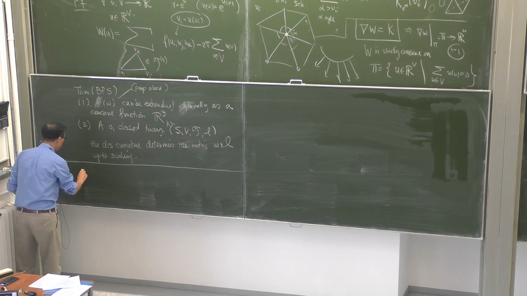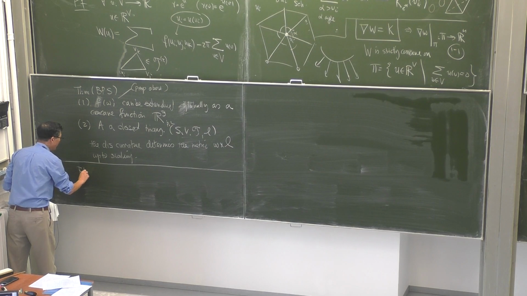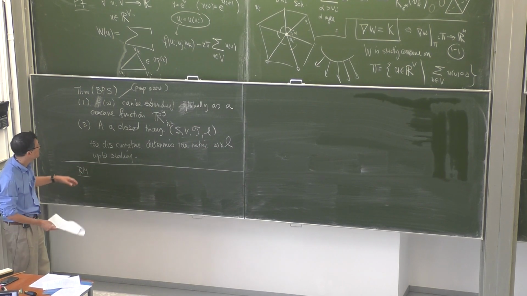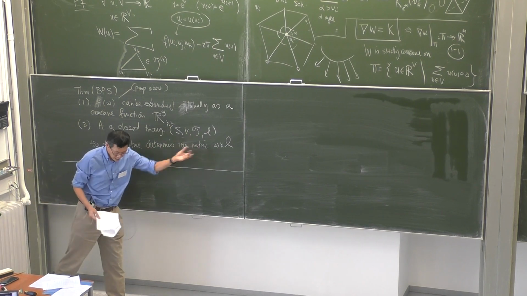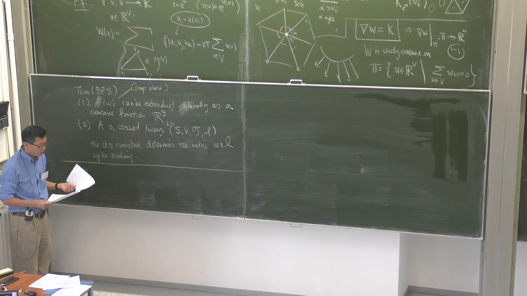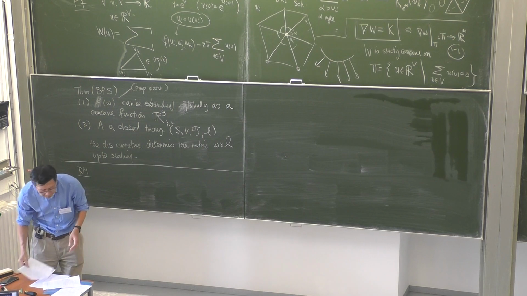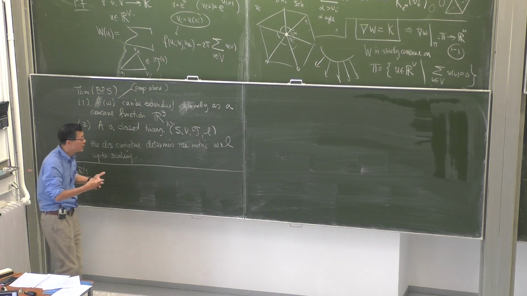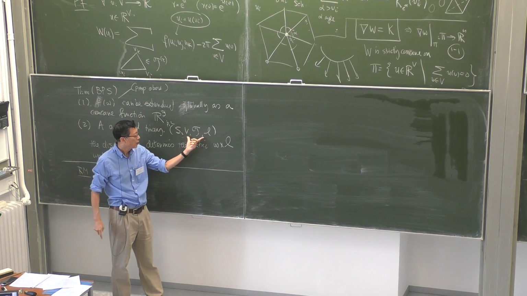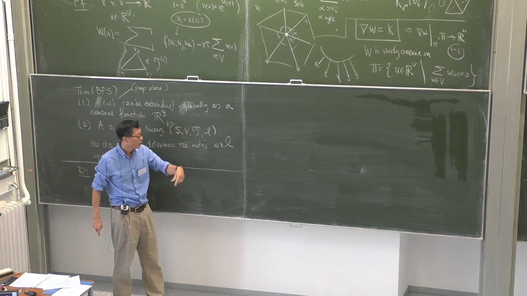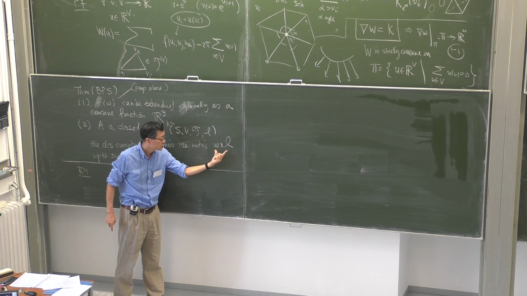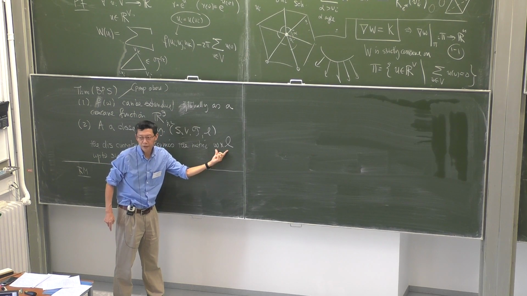But here is the bad news: in general, there is no existence. If we put everything in this vertex scaling setting, the discrete uniformization problem will be: I give you this polyhedral surface, can you find a scaling factor so that this scaled metric has constant curvature?